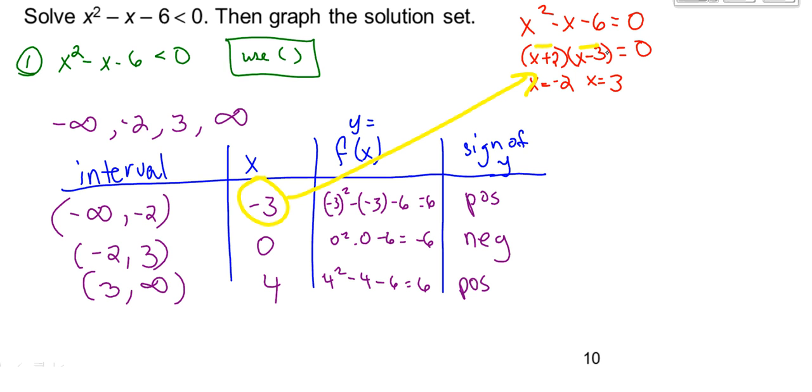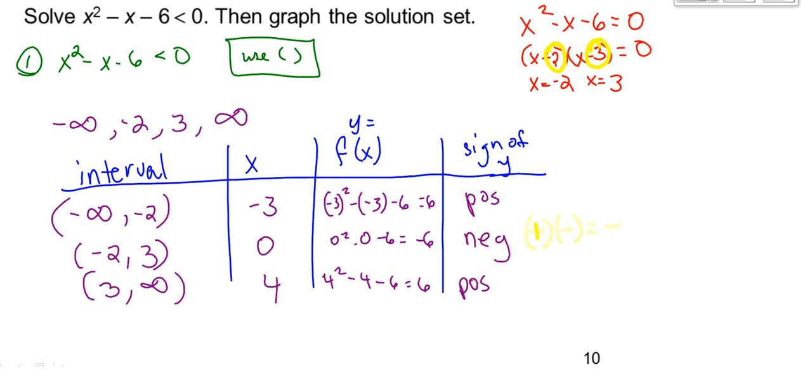I could have known it without having done all of that work. And same thing with 0. If I put in 0, this is positive times a negative, and that would equal a negative. And that one would be done.